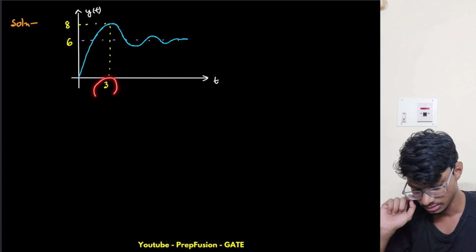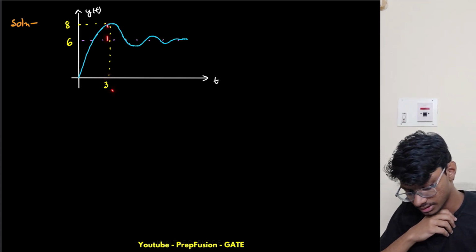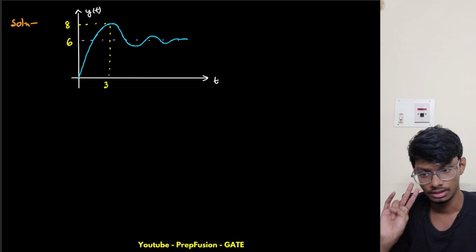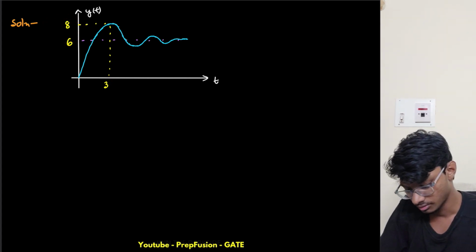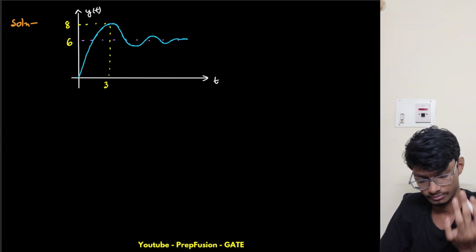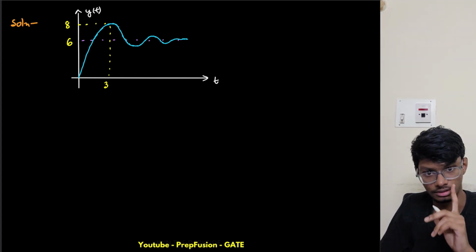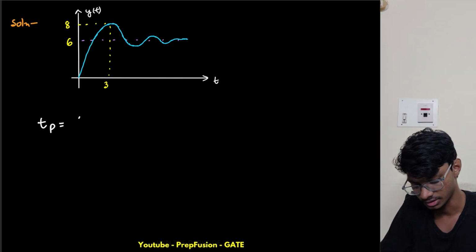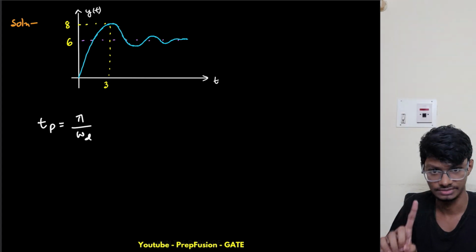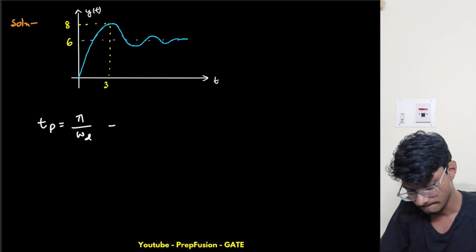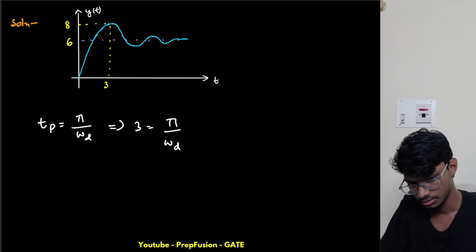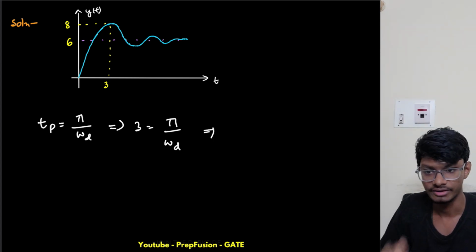It is given that at 3 seconds it is reaching 8, so that is my peak. 8 is my peak, and it is reaching the peak at time equal to 3. So from here I can find omega d, because what was my formula for peak time? I hope you have revised. It was pi upon omega d, for the first peak. So tp is equal to 3 equals pi upon omega d. From here I can find my value of omega d.